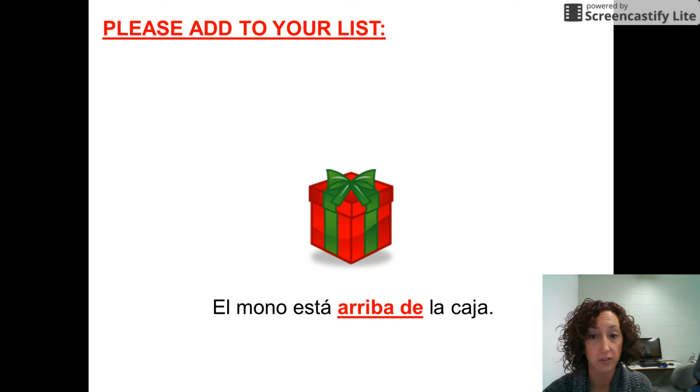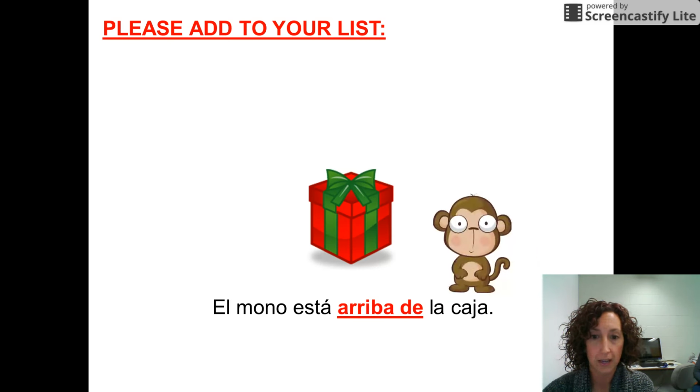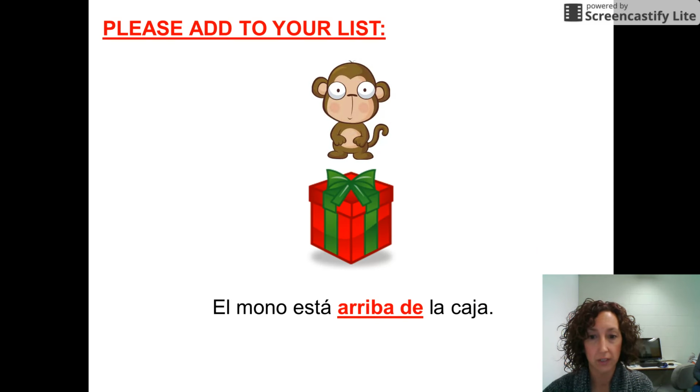And again, if you need to pause the video to go ahead and write that down, make sure you're spelling it correctly. Make sure you've got those double R's in there. Arriba de. And arriba de is above or over, not like encima de or sobre, which is directly on top of. This is going to be hovering over or above, not touching. The objects would not be touching.